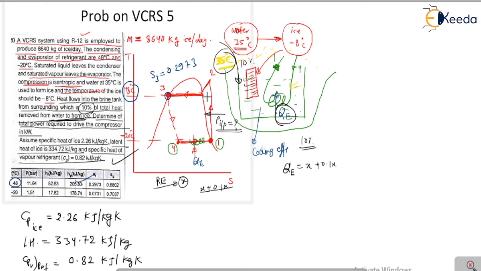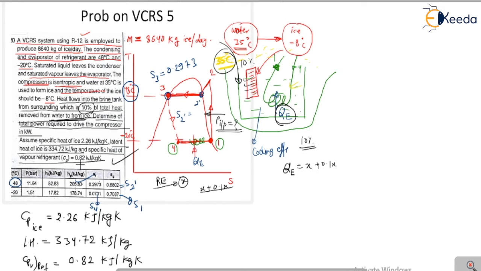This value is your SG value. That means S2 dash is this value. This value is your S1, this value is your S4, and this value is your S3.